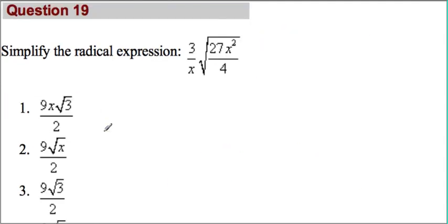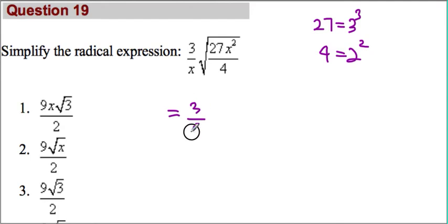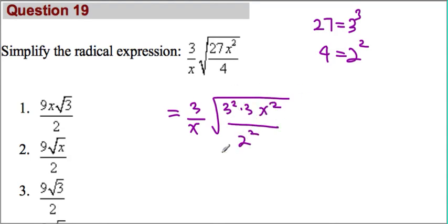Number 19. Inside there's nothing that cancels out. Then you get to realize that 27 is 3 to the third power, while 4 is 2 squared. So if I have to rewrite this one, we have 3 over x is already there. Here we have 3 to the third power, that means 3 squared times 3. And x squared we already had. And 4 becomes 2 squared.